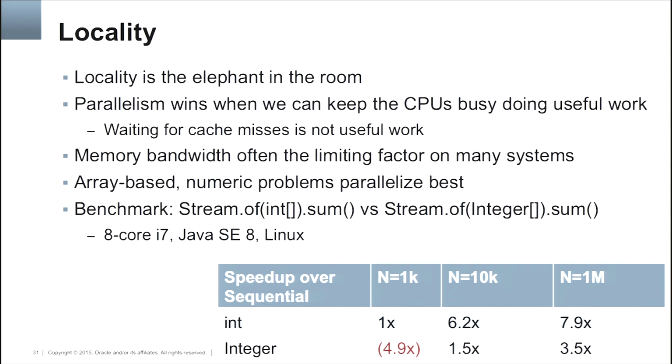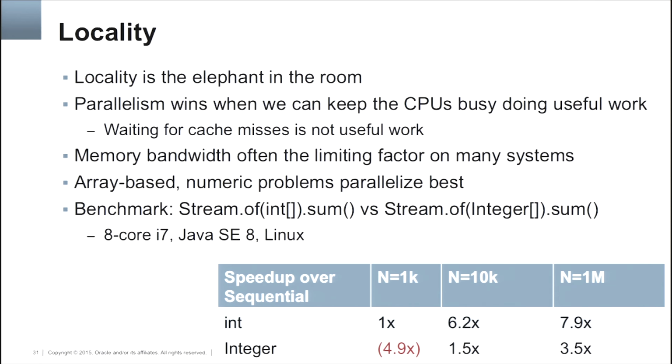So if you have your data in arrays, these parallelize really nicely. And here's the example I told you earlier, stream of int array sum versus stream of integer sum. I'm only looking at speedup, so if I have 1,000 elements, I don't get any speedup, but I don't really lose anything either. If I have 10,000 elements, I got like a 6x speedup. This is on an 8-core machine.